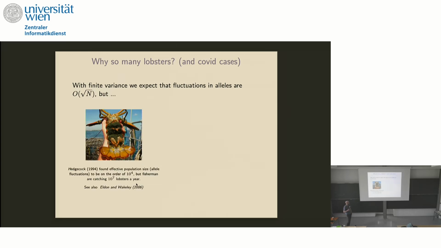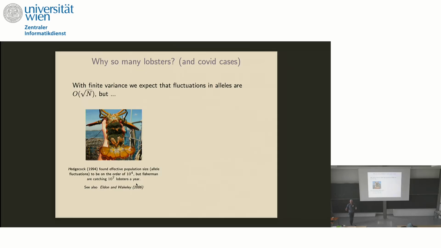There was this guy, Hedgecock, looking at lobsters. He did some analysis of genomic, population genetic data, and he found that these fluctuations, what they call the effective population size, is on the order of 10 to the 4th.